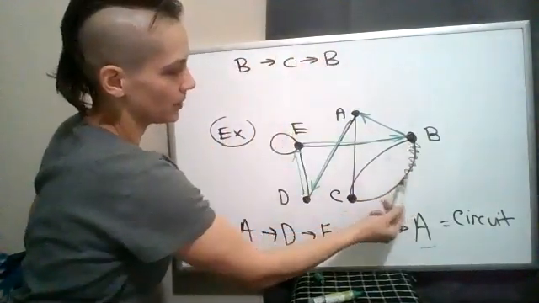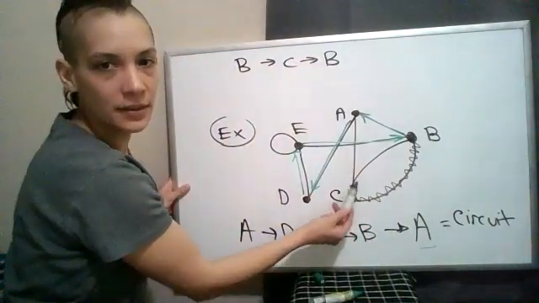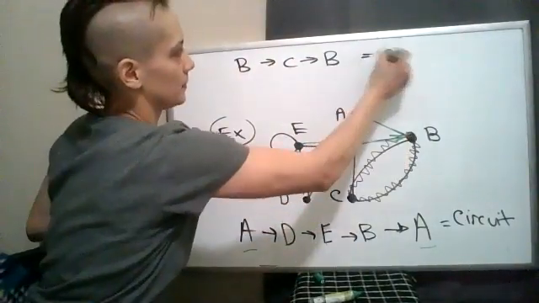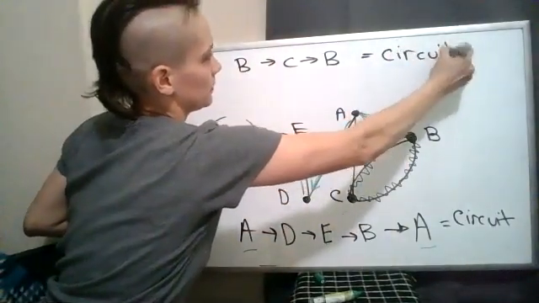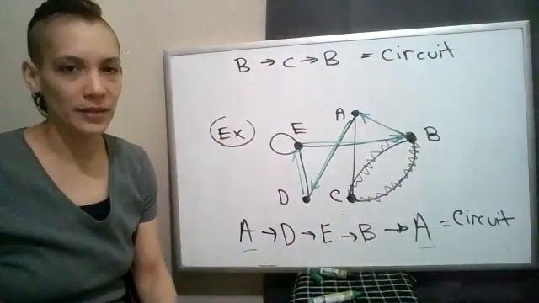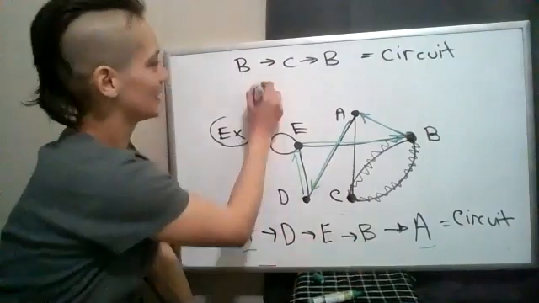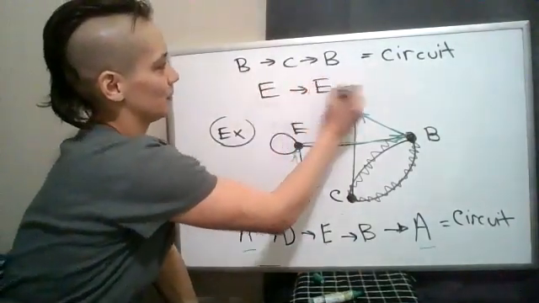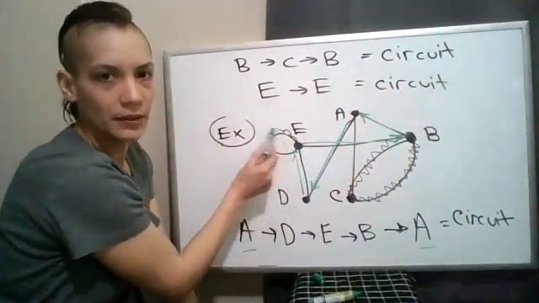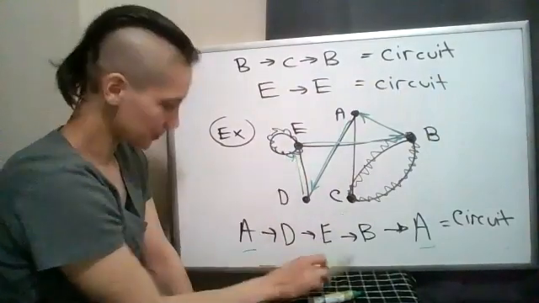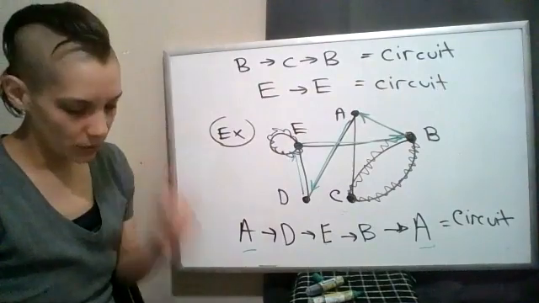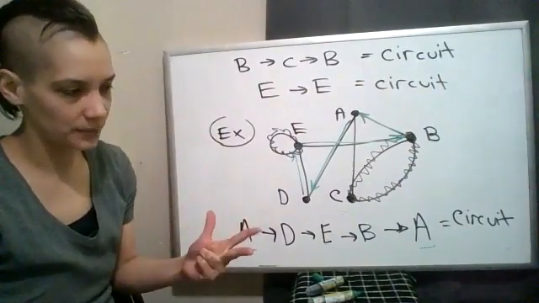From B, pick one of them to get to C, pick the other one to go back to B. Anything else? Oh, one more, EE. So start at E and go around the loop to get back to E. So we've done block and path and circuit.